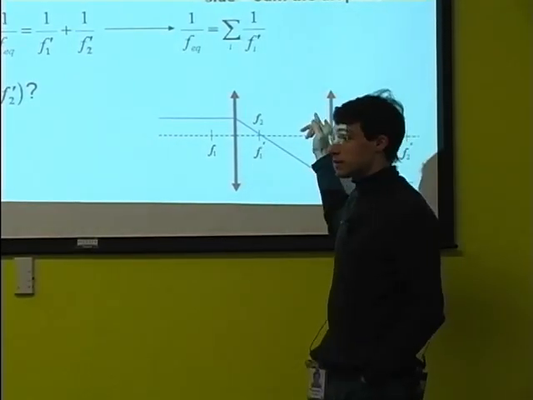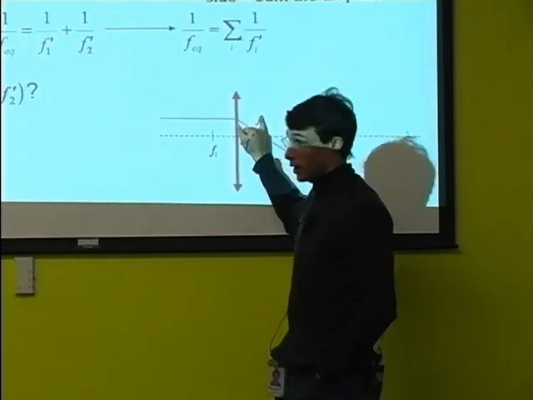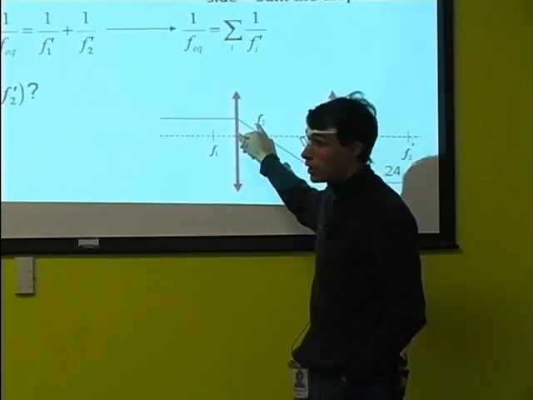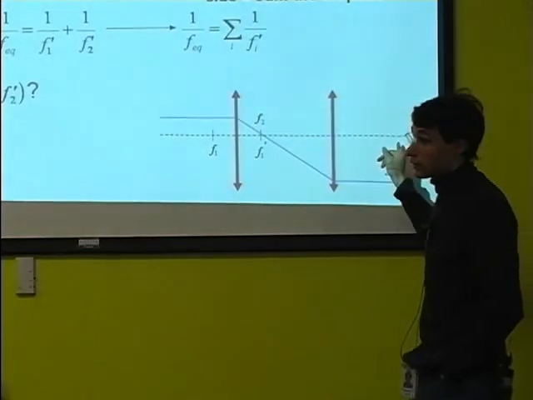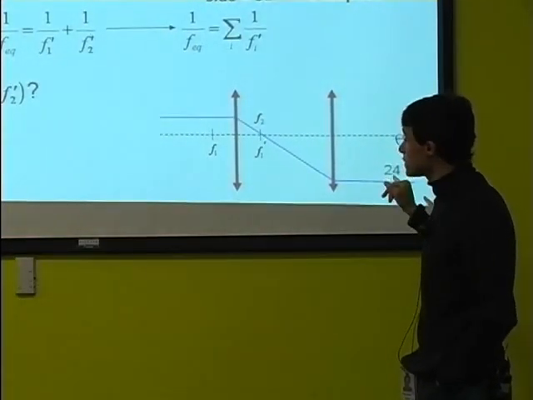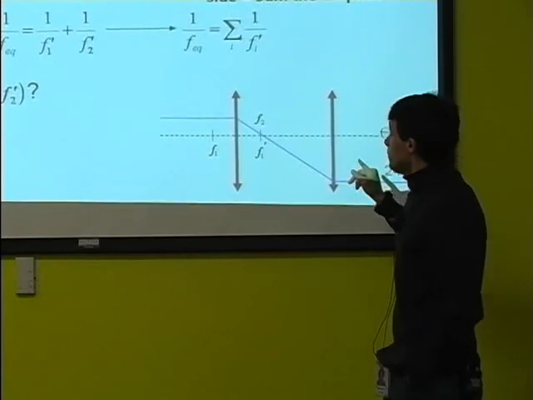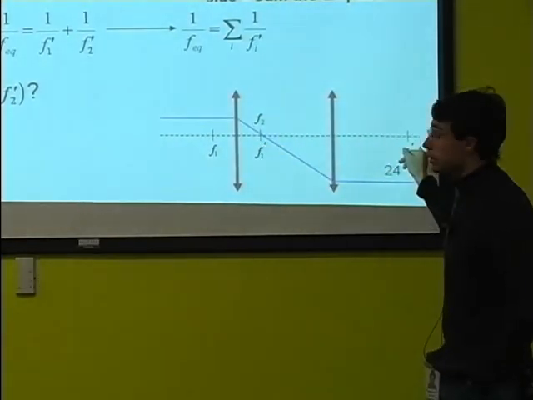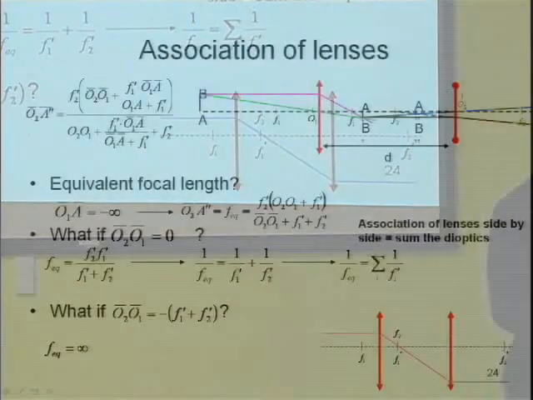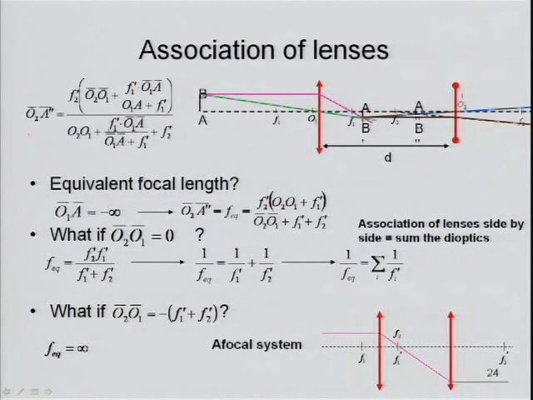For my second lens, given I'm going through its object focal point, we know that the emerging beam of light will be parallel to the optical axis. So this system produces, from a parallel beam of light, a parallel beam of light. And this is what's called an afocal system, which is quite convenient.